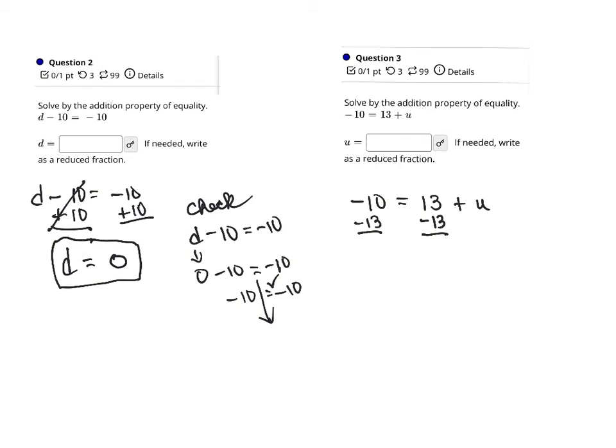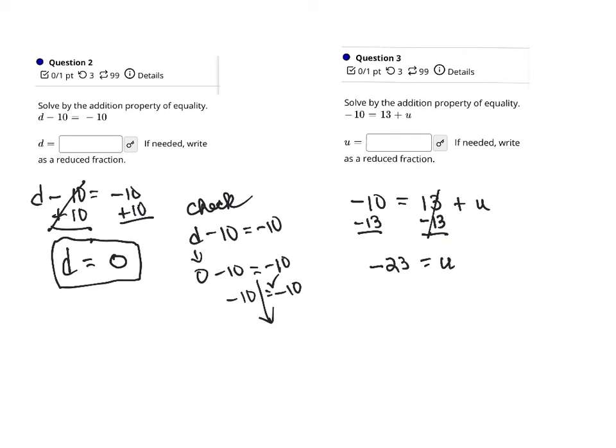Remember, the sign is in front of the number, so for that 13 there's really a plus sign in front of it, we just don't write it. So negative 10 minus 13, signs are alike, so we add and take the common sign. Remember, when signs are alike, add. That's one way to remember that. So that's negative 23 equals, this gives us 0, and 0 plus u is just u. So that is our answer.